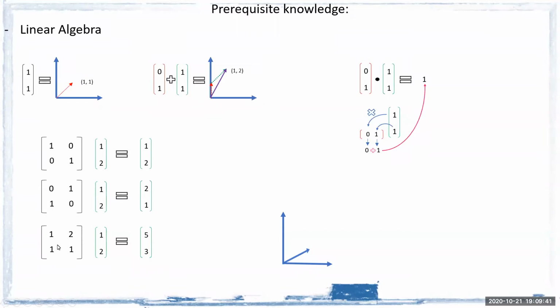And then for other vectors, you can get something completely different back. You just have to multiply first by first, second by second, add those together, and put that in the first position. And then for the second row, you do the same thing, and then you get the second element of the vector.